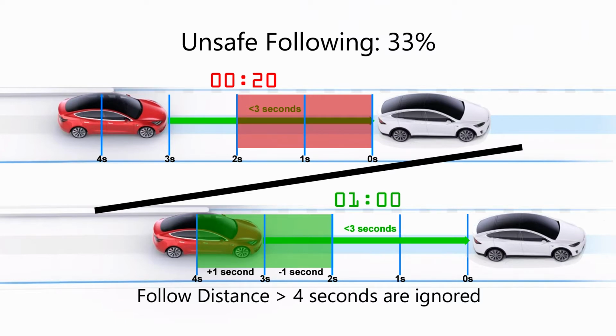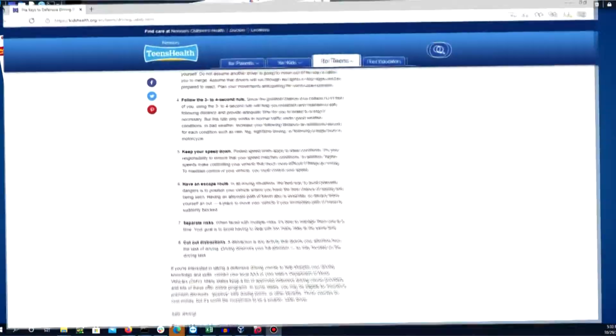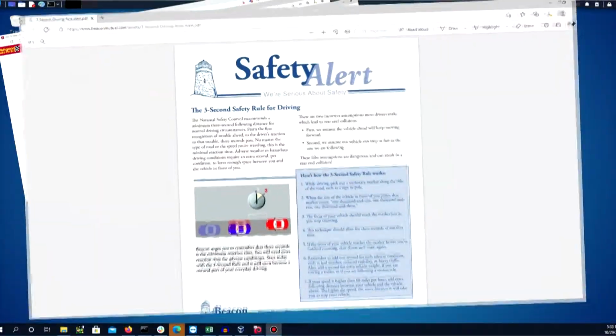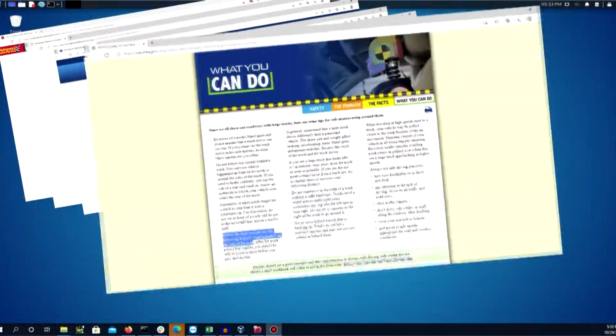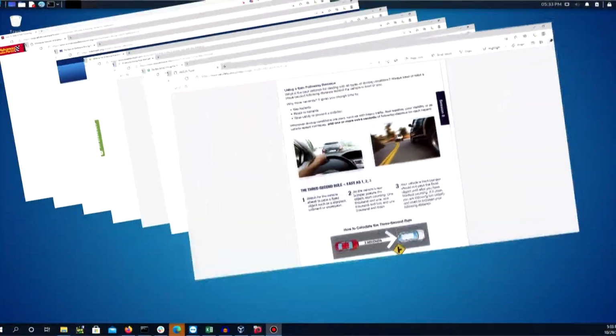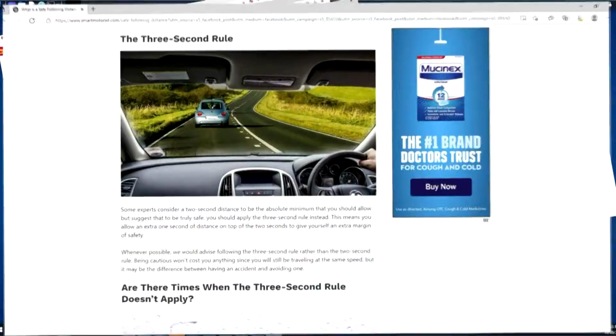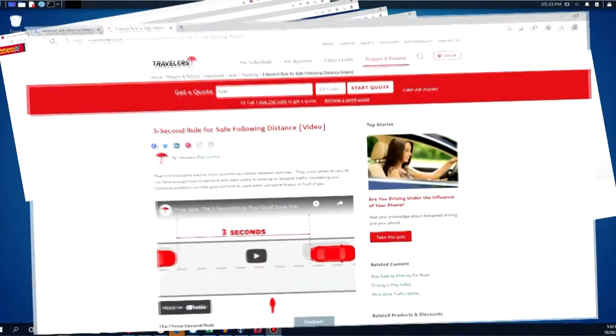I honestly believe the definition as published is not accurate because it goes against well-documented safety standards that put the minimum distance at 3 seconds for safety. There's more details on safe following in the description with links of other sites that discuss the 3-second rule. You'll see I had good luck once I started working with the 3-second rule and know that my times were roughly 3 seconds, but sometimes more, sometimes less.